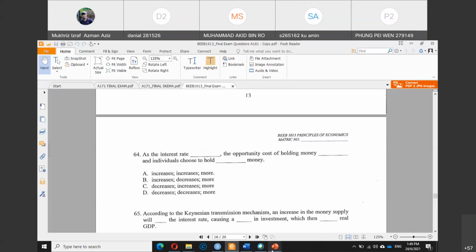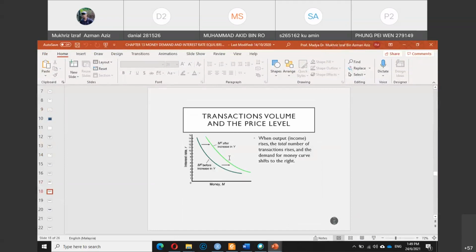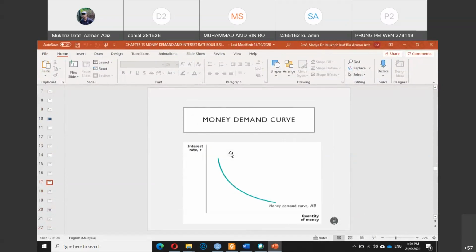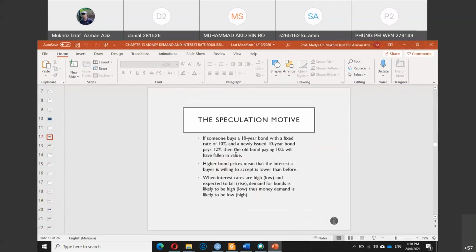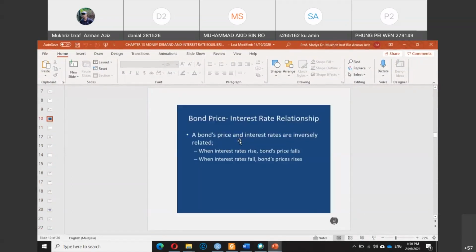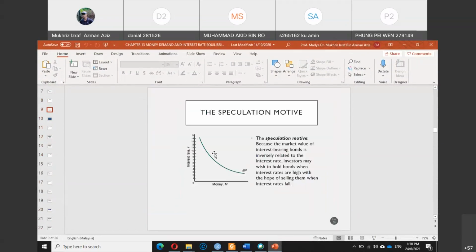We already discussed this earlier this week. It was discussed in the speculation motive, on the bond relationship. When the interest rate goes up, we prefer to keep money in the bank, because we want to get more dividend from the savings we put in.